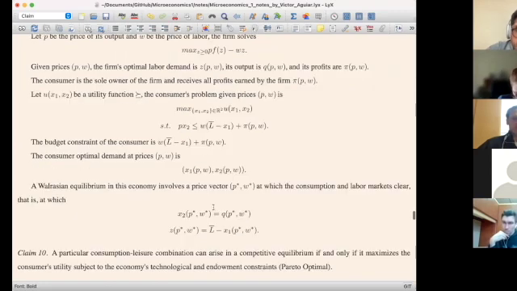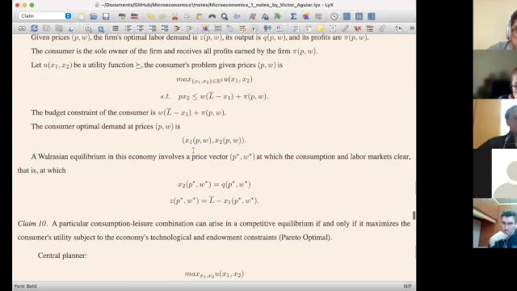Now the consumer's optimal demand at these prices is going to be denoted by X1. And notice here the notation that is a bit tricky. The notation here essentially tells you that this X depends on P and W. In previous chapters, we used the W for wealth. This is not the case here, right? P here is the price of coconuts and W is the price of labor.